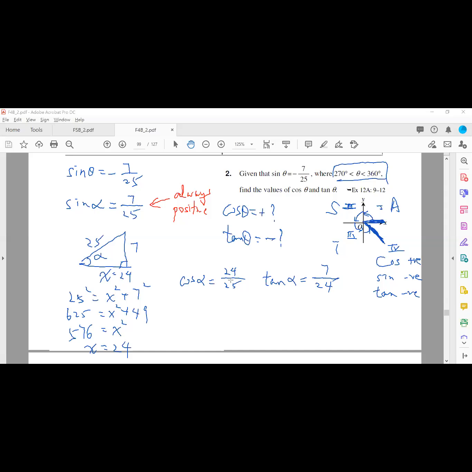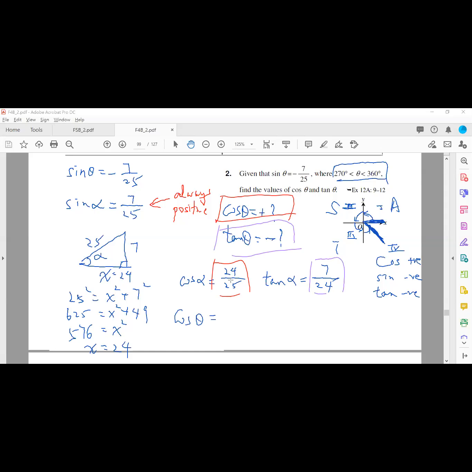But now we just merge this with this, which means cosine theta. We have already found that cosine theta is a positive number. But positive what?